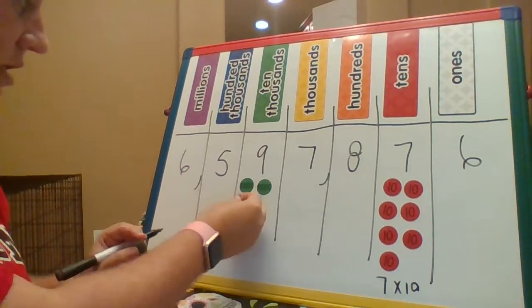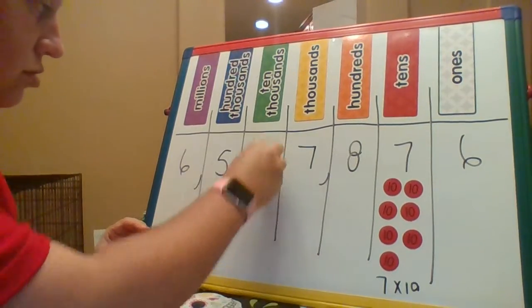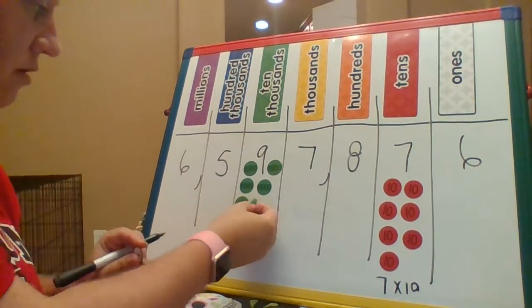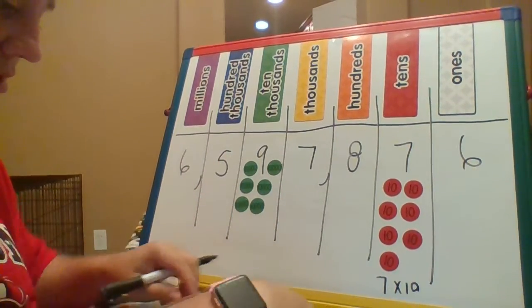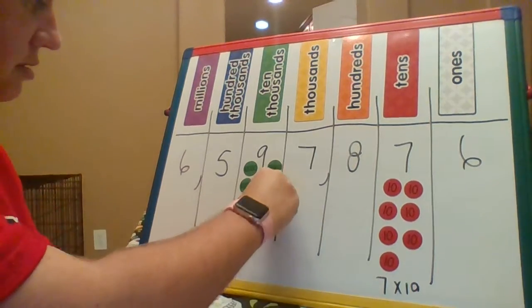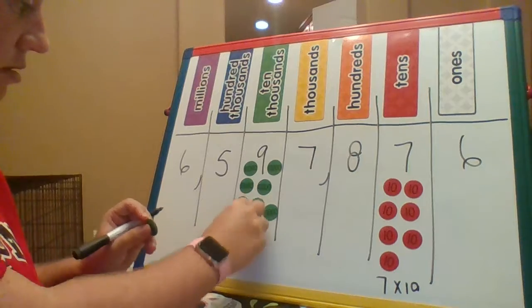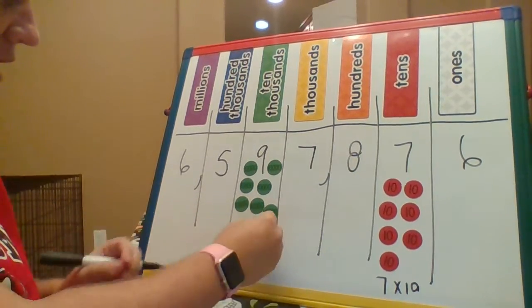So this one needs 9 of them. So 1, 2, 3, 4, 5, 6, 7, 8, and 9.